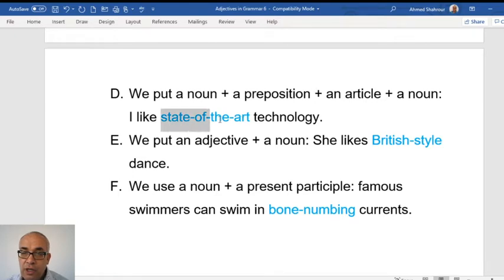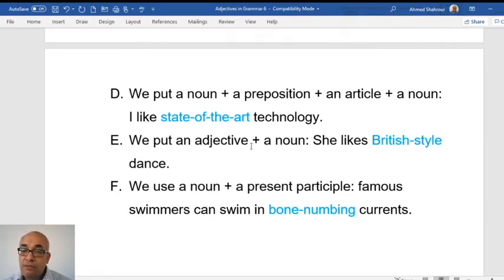So all these 4, noun, preposition, article, noun, I put all these words together to make a compound adjective which describes technology. Technology is a noun, so I like state-of-the-art technology. State-of-the-art means modern.